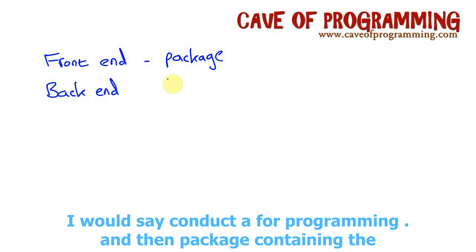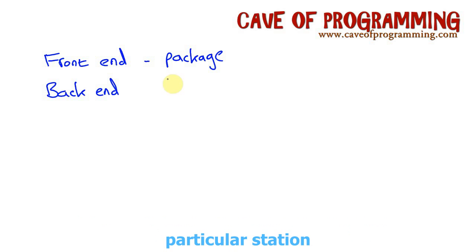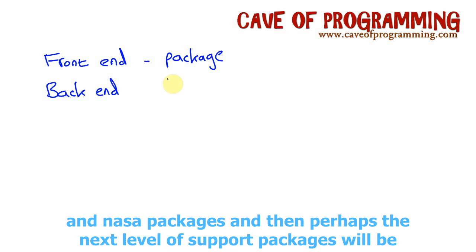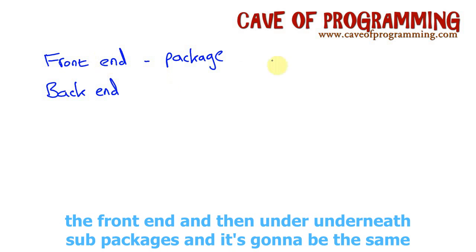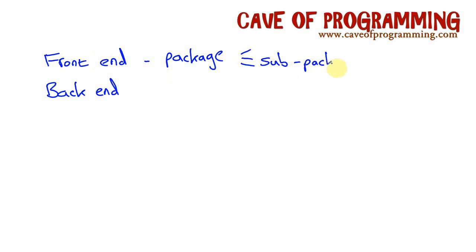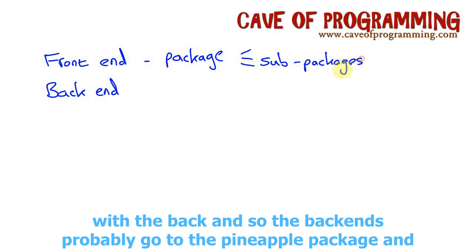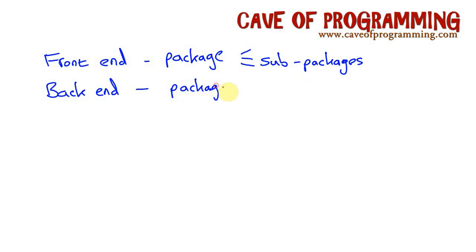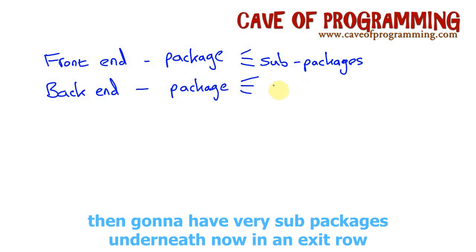And then I'd have a package containing a particular application, perhaps, and then I'd have sub-packages, and perhaps the next level of sub-packages would be the front end, and then I'd have sub-packages underneath that. And it's going to be the same with the back end. So the back end's probably going to have its own high-level package, and then it's going to have various sub-packages underneath that.